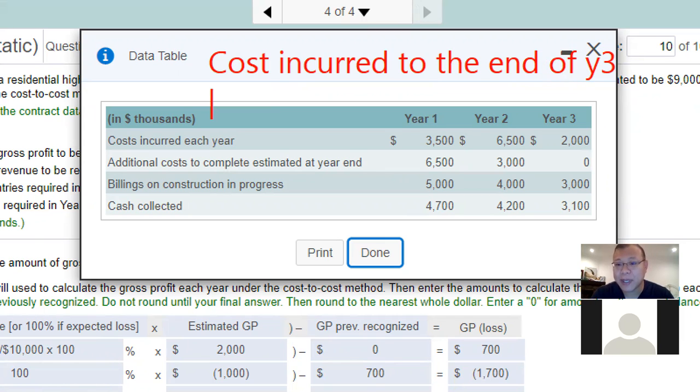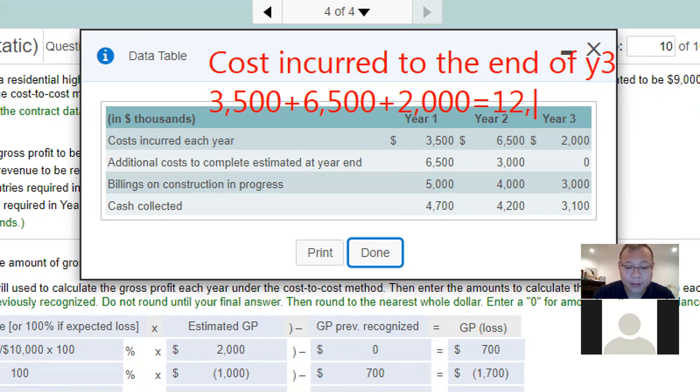I'm just going to add up the actual cost that happened in the 3 years, right? You have 3.5 million plus 3 million, so you get 6.5 million, plus 5.5 million. That equals 12 million. So this total cost is 12 million and exactly equal to the price. The price is also 12 million.